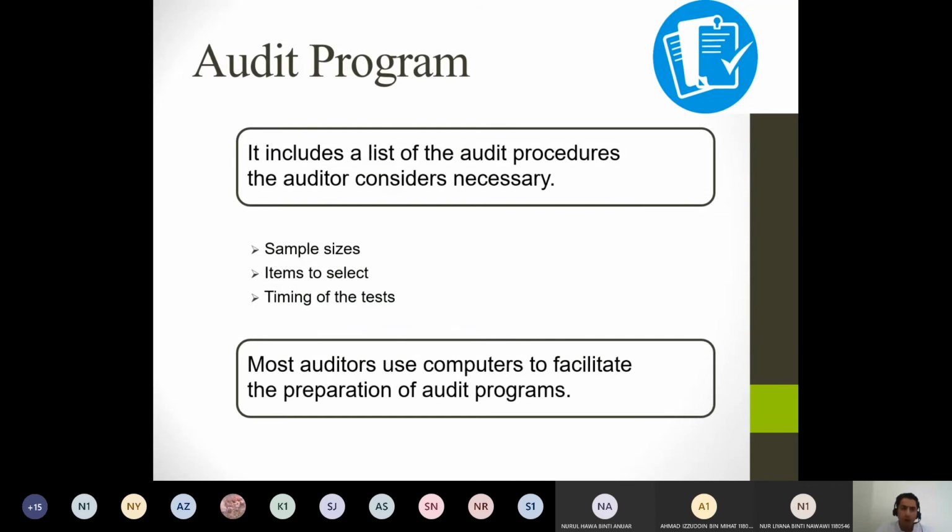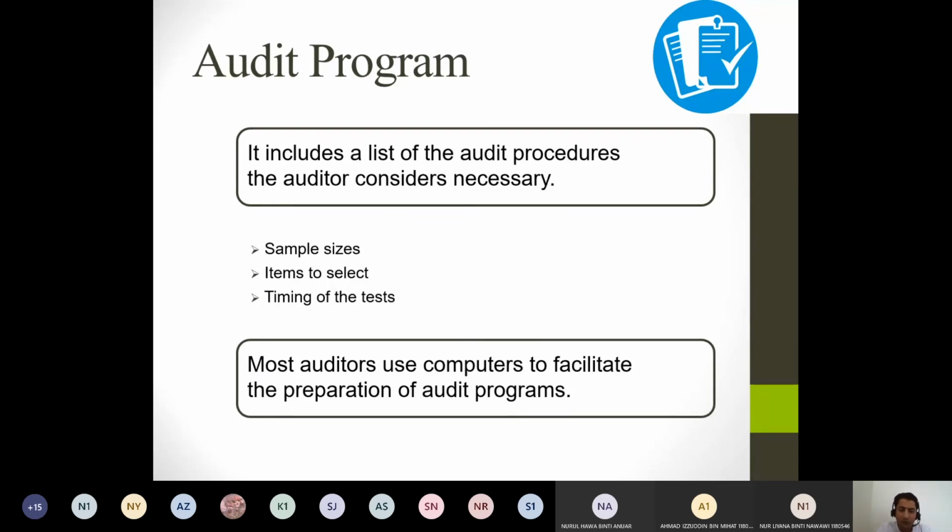So the audit program includes a list of audit procedures that the auditor considers necessary. And these audit procedures are related to time, sample size, items to select, timing of test.